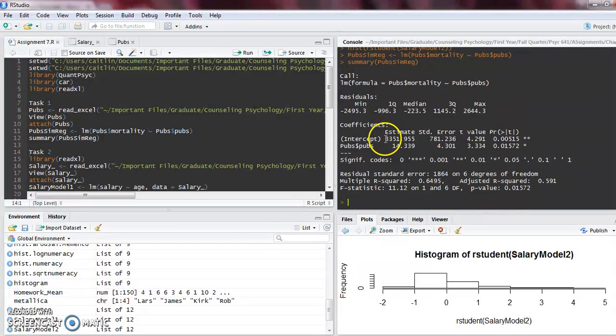So knowing what we know, as the number of pubs go up, mortality rates go up by 14.339, and this itself is significant.